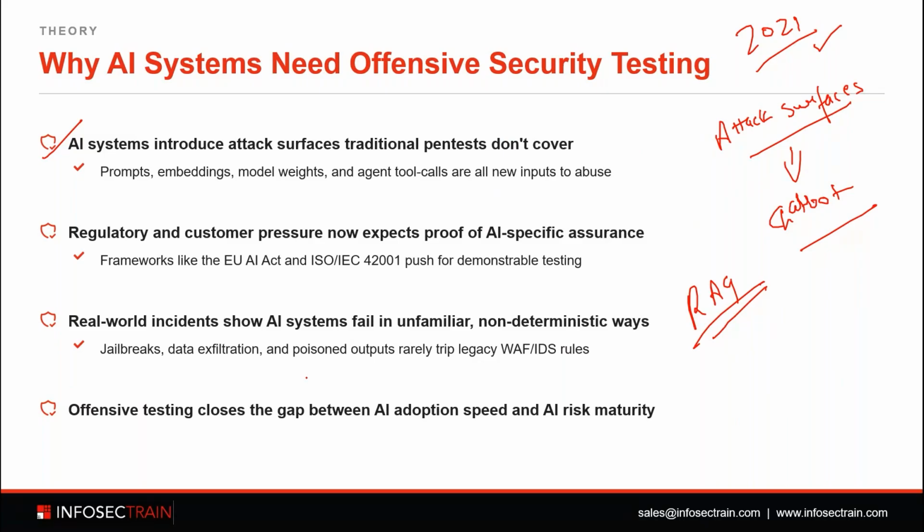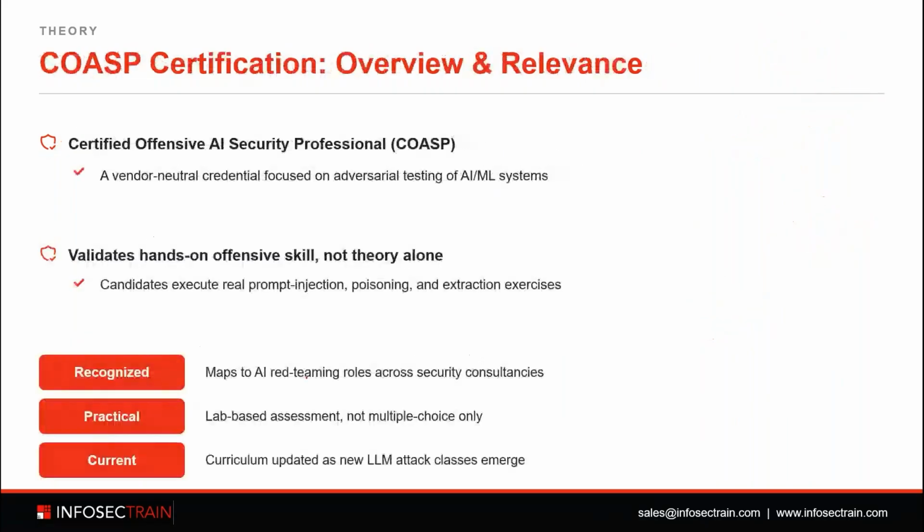Now we have a certification which goes by the name COASP, Certified Offensive AI Security Professional, and this certification was recently released by EC-Council. We can call it a vendor neutral credential focused on adversarial testing of AI/ML systems, right?